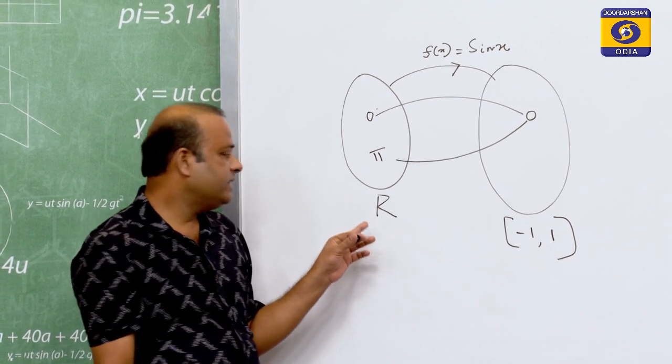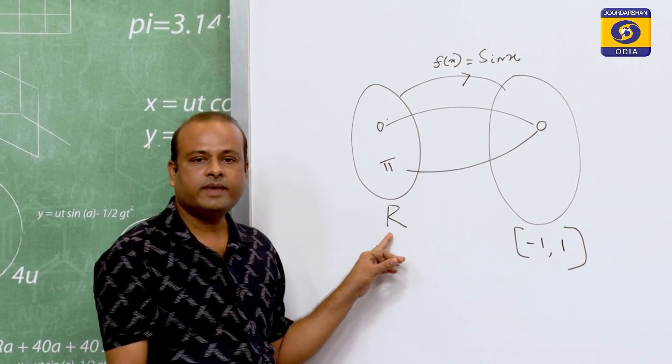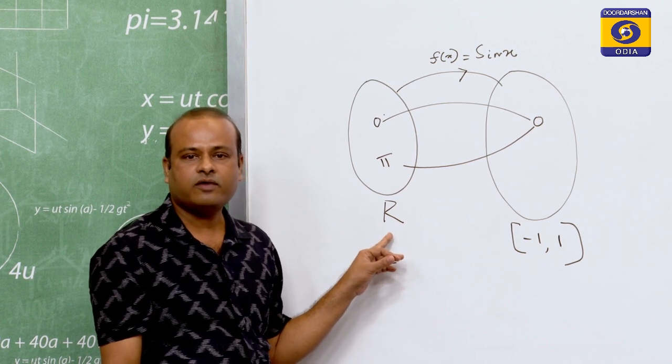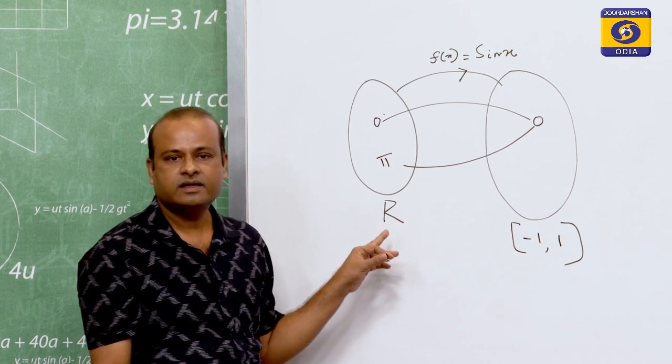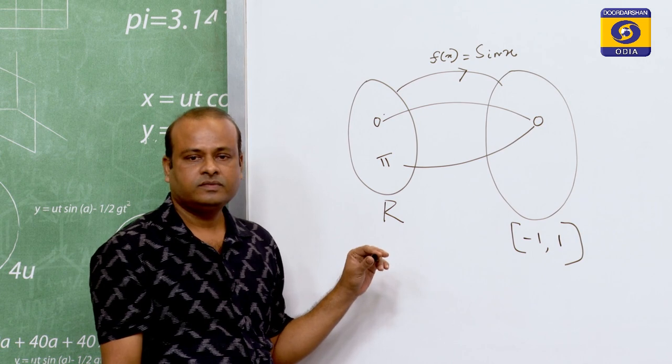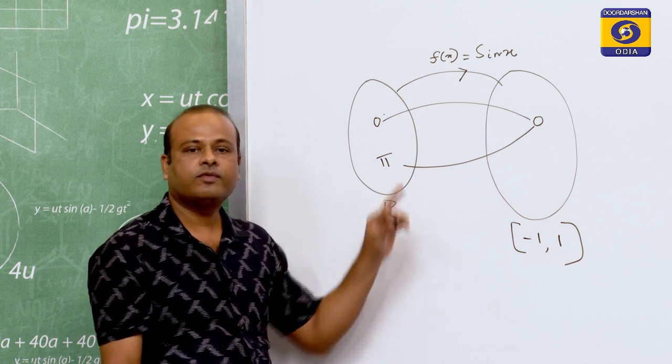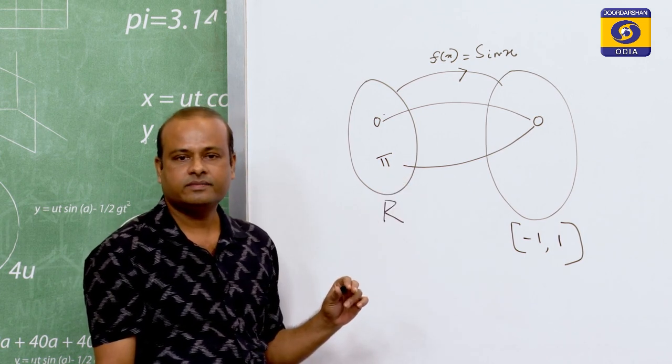This domain is called the natural domain of the function sin x, that is R. In this domain the function is not bijective.